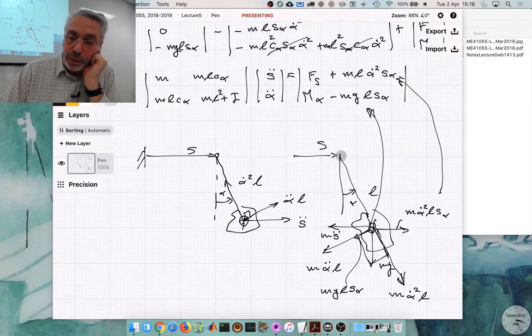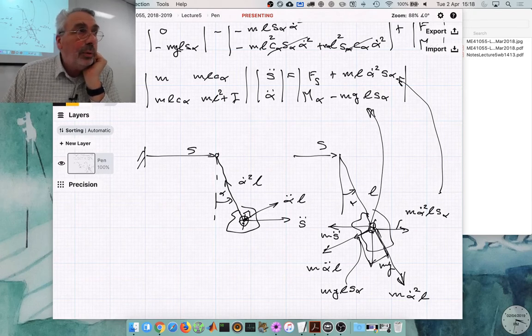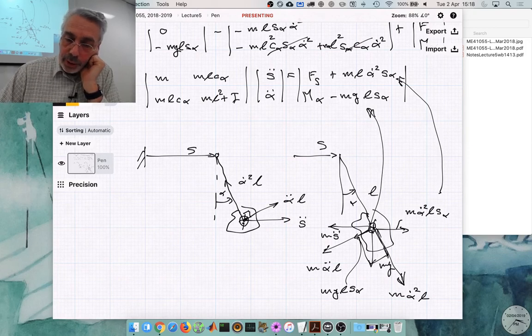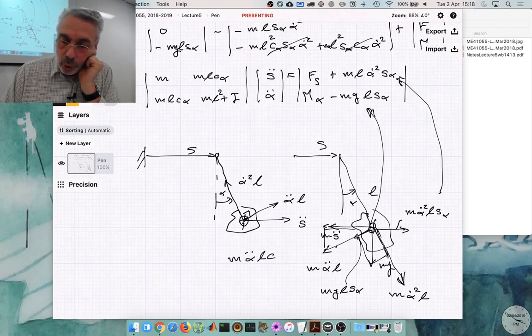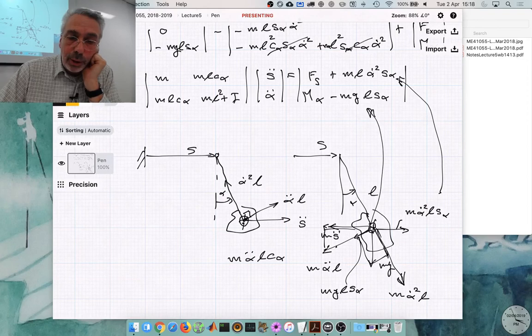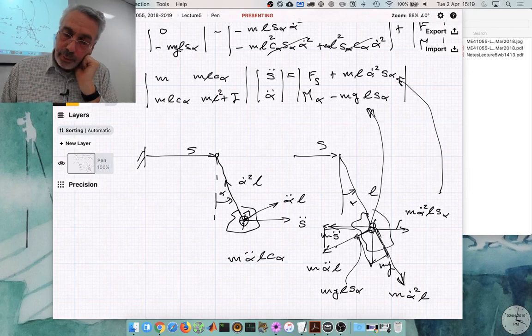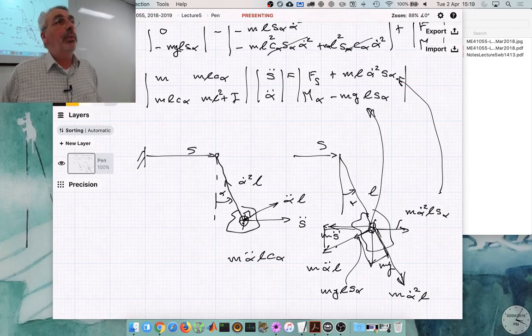So you keep this stationary, you give it an angular acceleration, and then the question is, what linear force do I feel here? Well, then you just have to look at your diagram and say, oh, for this acceleration I have this D'Alembert force. And if I have to project that on the horizontal, I have to take this part of this D'Alembert force, and that's clearly M alpha dot L cosine alpha. And that explains that we have here an ML cosine alpha in this mass matrix. So that's the cross term we actually have. And by that we have explained all terms in the equation.